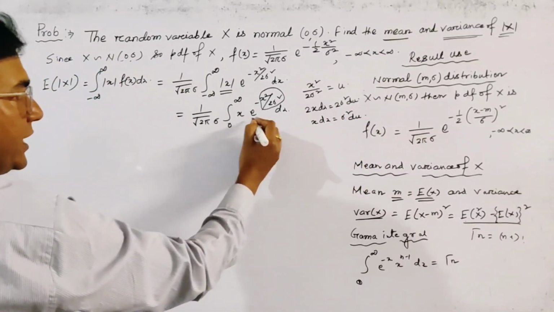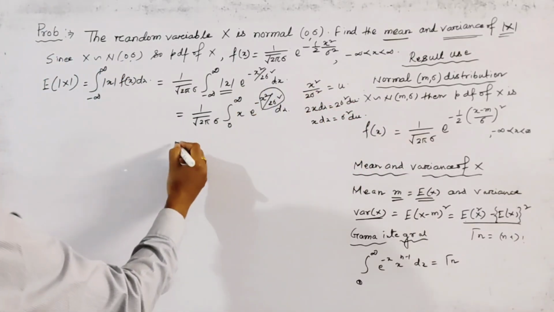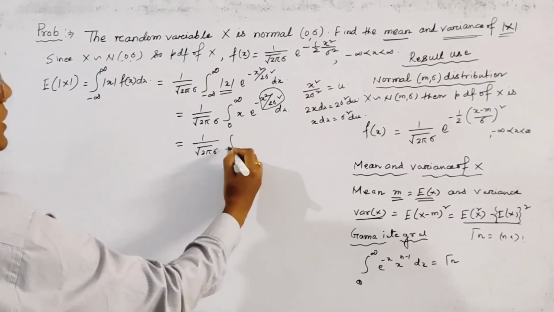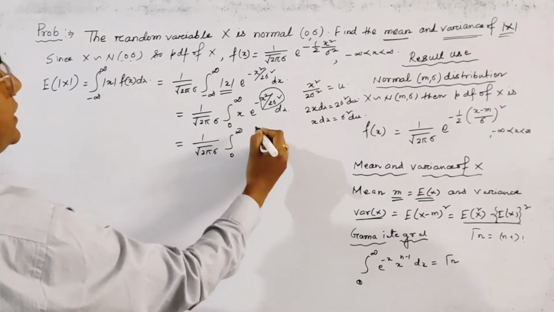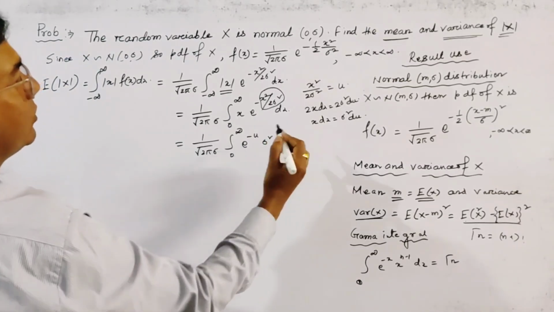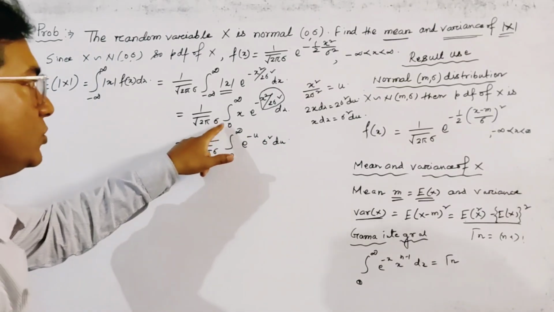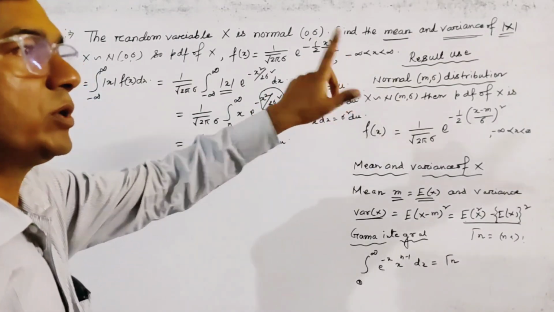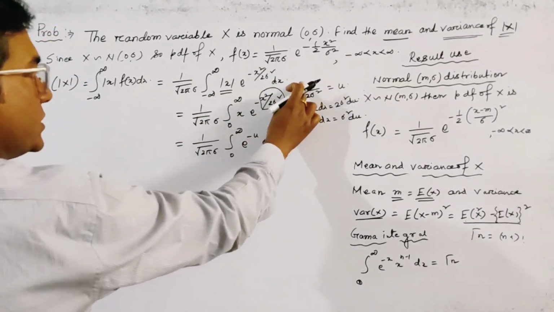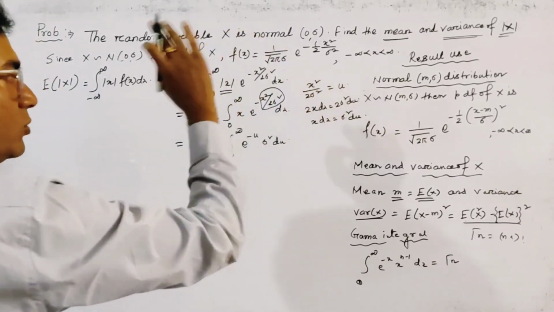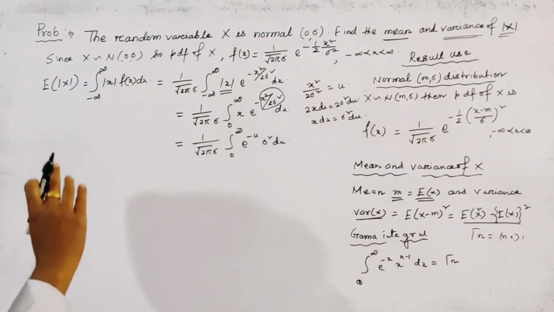Here we put x dx equal to sigma square du, and we get root 2 pi sigma integration 0 to infinity e to the power minus u into sigma square du. The limits are the same: by putting x square by 2 sigma square equal to u, if x equal to 0 then u equal to 0, and if x is infinity then u is also infinity.